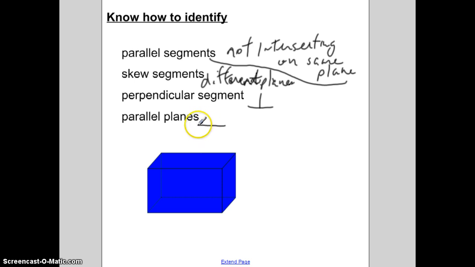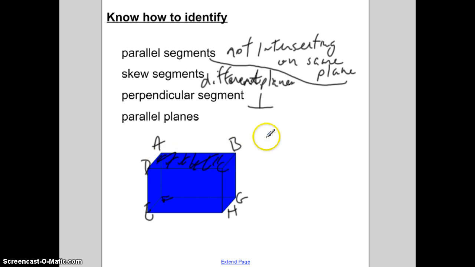Parallel planes are whole surfaces that won't intersect. That's a terrible drawing, but let's look at this picture down here. If I label these A, B, C, D, E, F, G, and H, an example of parallel planes are plane ADCB, this plane right here.